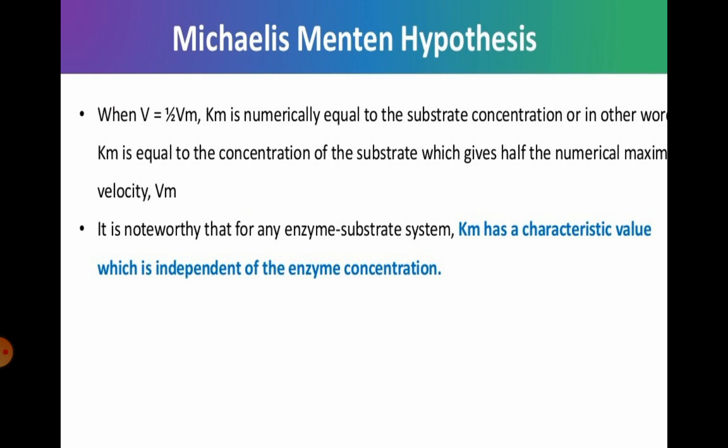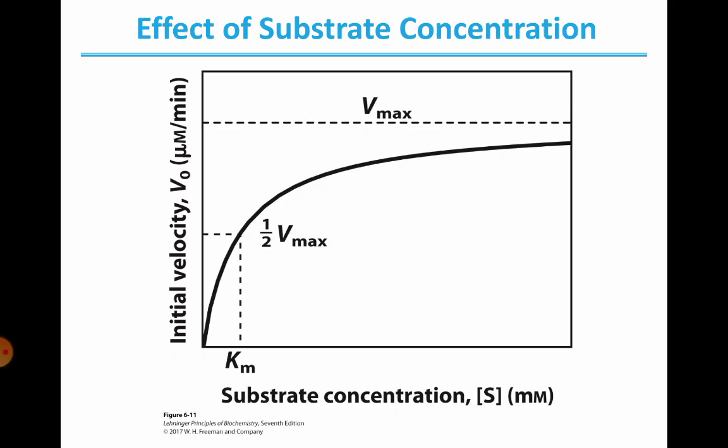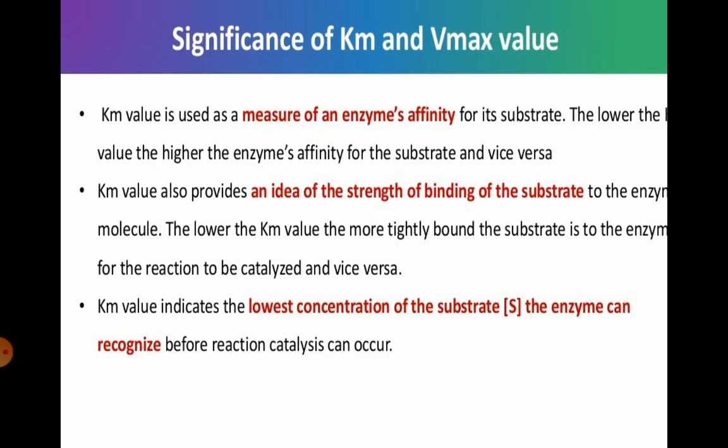It is noteworthy that for any enzyme-substrate system, Km has a characteristic value which is independent of the enzyme concentration. The Km value is used as a measure of the enzyme's affinity for its substrate. The lower the Km value, the higher the enzyme's affinity for the substrate, and vice versa.